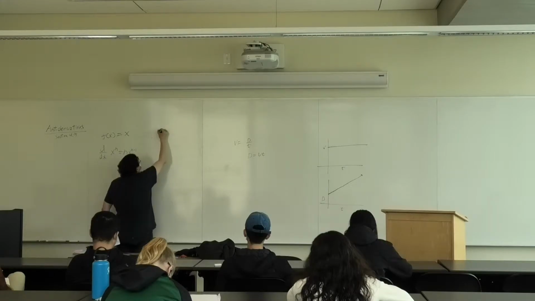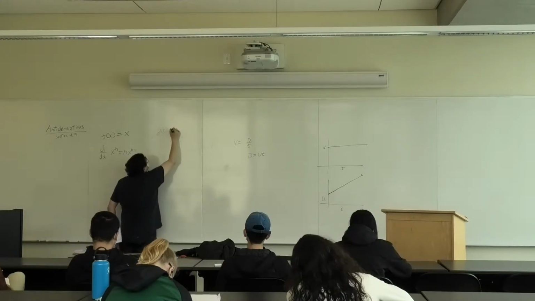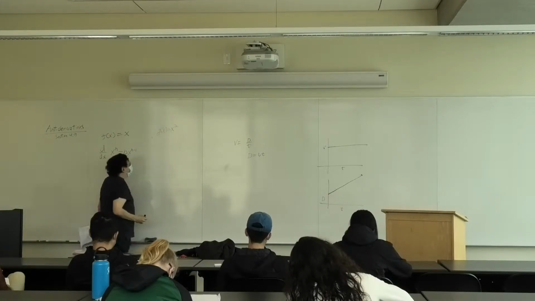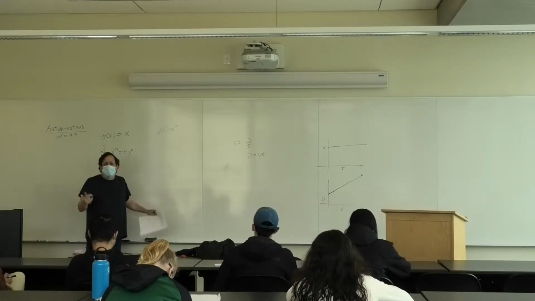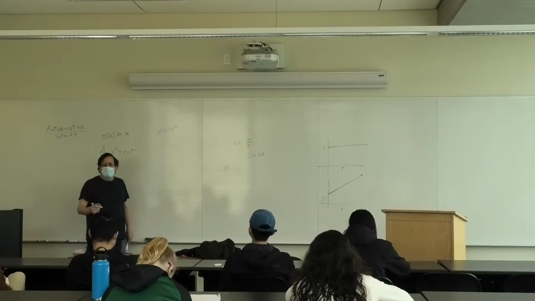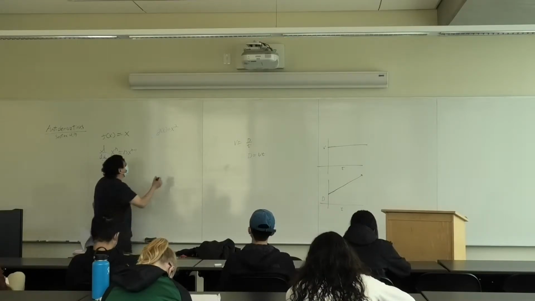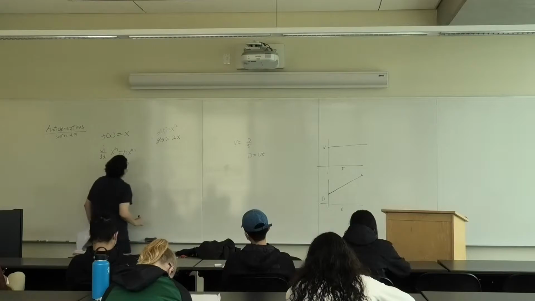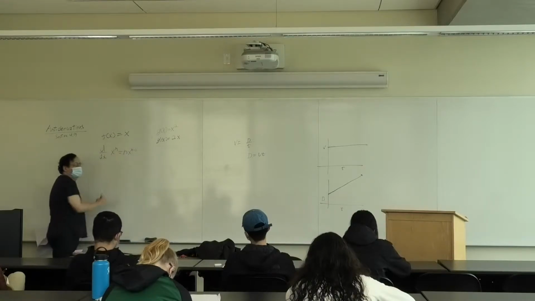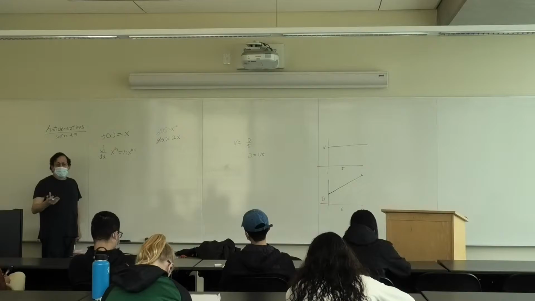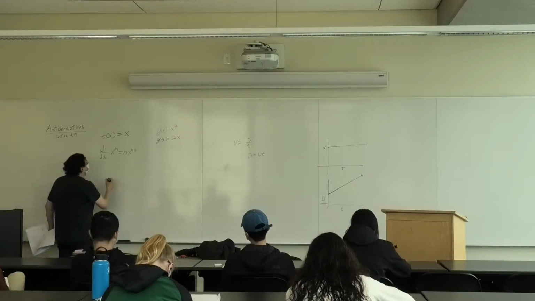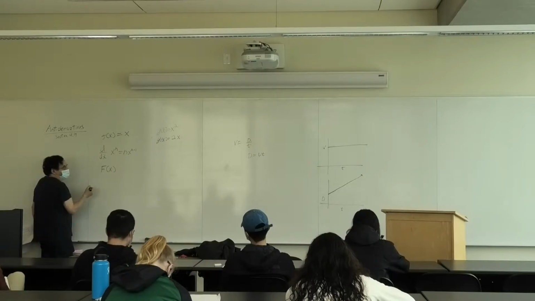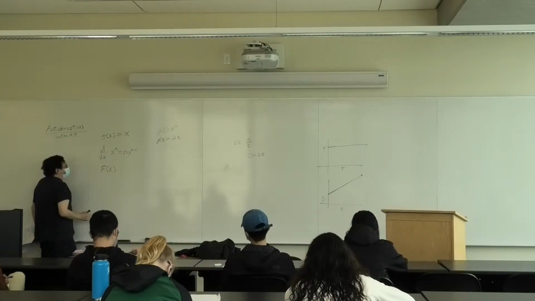So we look at, provisionally, some function x squared, just a guess of what the antiderivative might be. And we find the derivative. Well, g prime of x, of course, is 2x. That's not what we wanted, but it's pretty obvious now how to get what we want. Now I'm going to write it, this is very typical notation, using a capital F to mean the antiderivative of f of x.